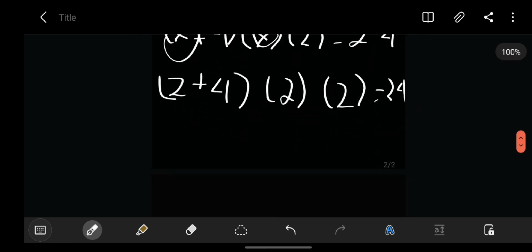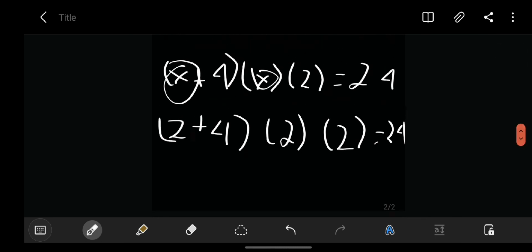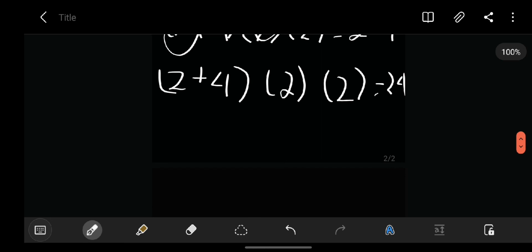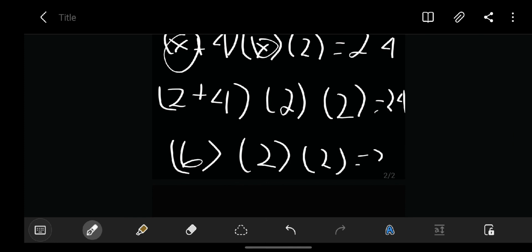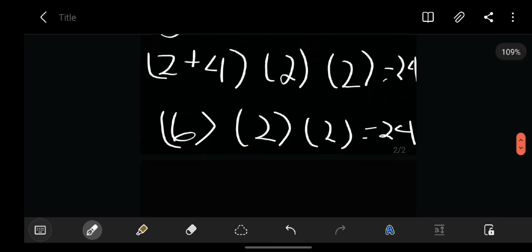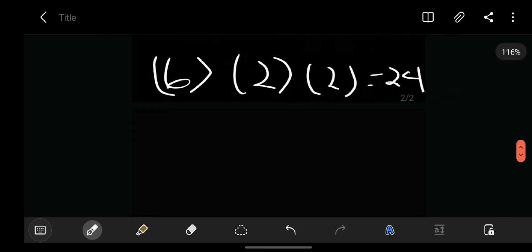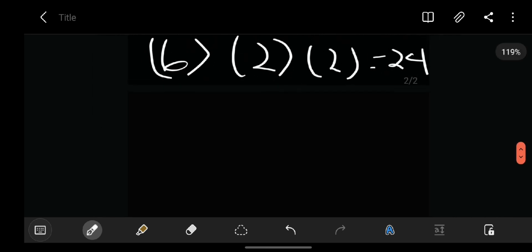First, let's add this one. It will become 6, times 2, equals 24. Now let's multiply. You can multiply whatever you want first.